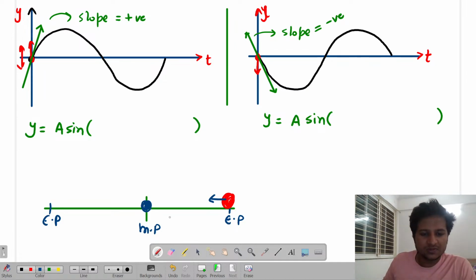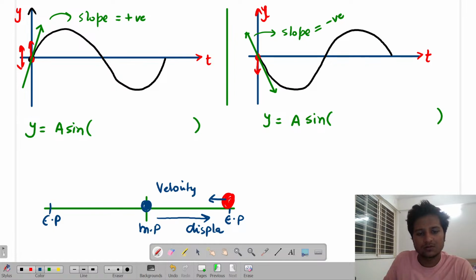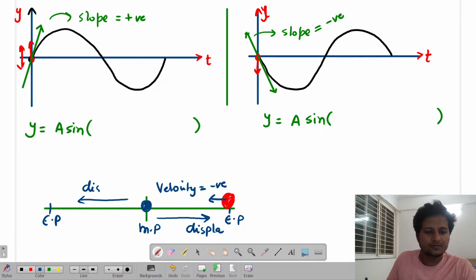Opposite. Means my displacement is basically positive. See that. But where is my velocity direction? Velocity direction is basically negative, isn't it? Tell me, yes or no? If I see over here, basically the displacement is negative, if I see the mean point as the 0, 0, 0 coordinate, and the velocity is positive.